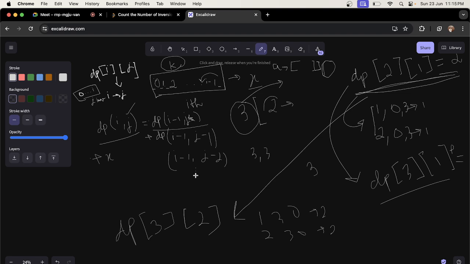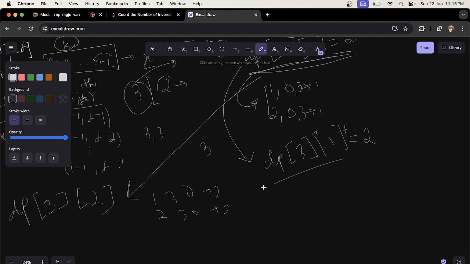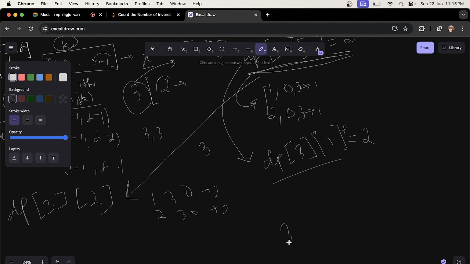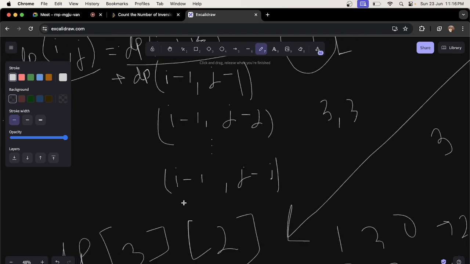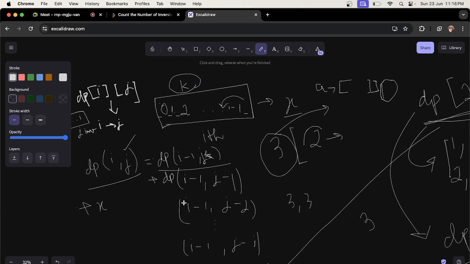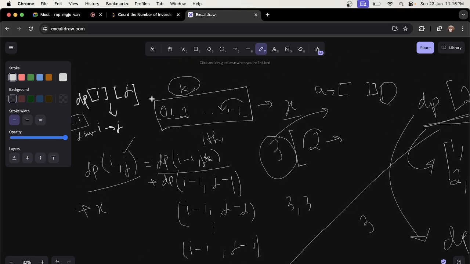So like this it will go till i minus 1 comma j minus i. Now j minus i is the case where we put the last element in the beginning. So let's say if I put 3 in the beginning, it becomes 3 comma 1 comma 0, but a generic example will be better.